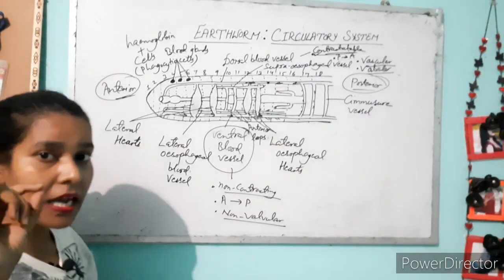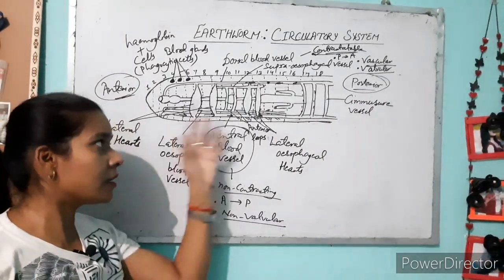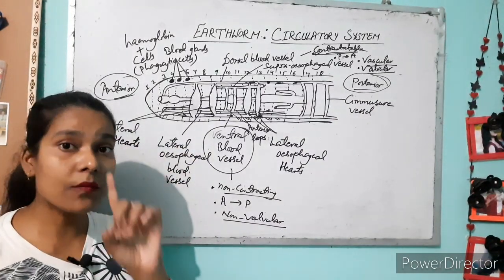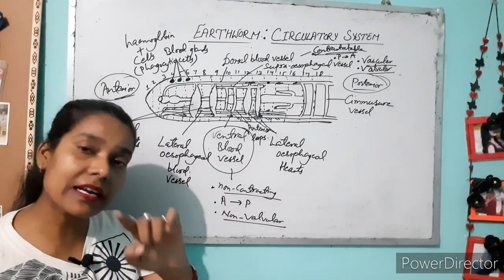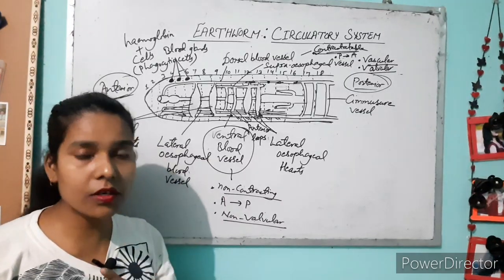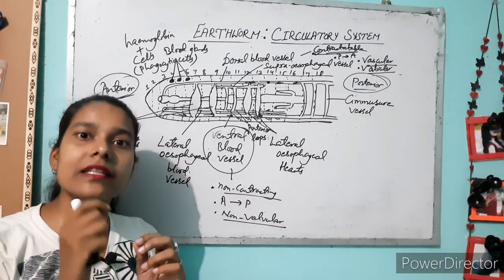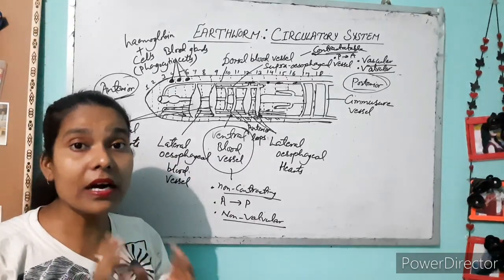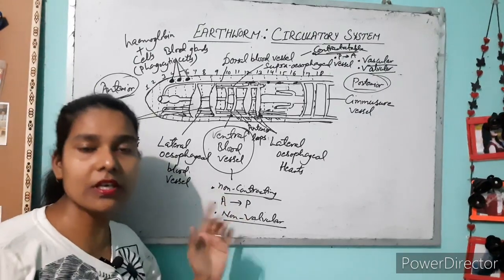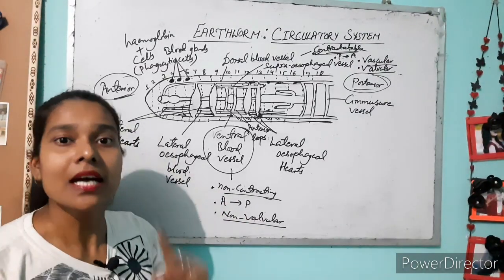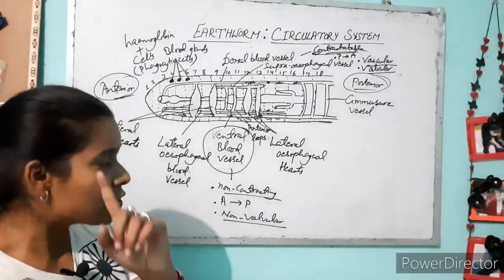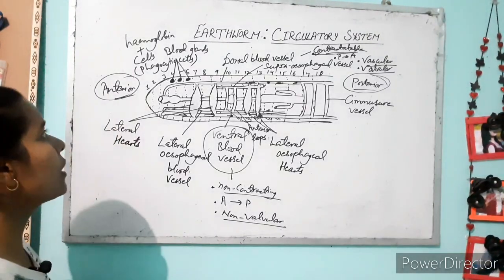One more thing I'm going to tell you about the earthworm's hemoglobin. The hemoglobin is dissolved directly in the plasma. In humans, we know that hemoglobin is present in the red blood cells, but in the earthworm, the hemoglobin is dissolved directly in the plasma. Note down this point.